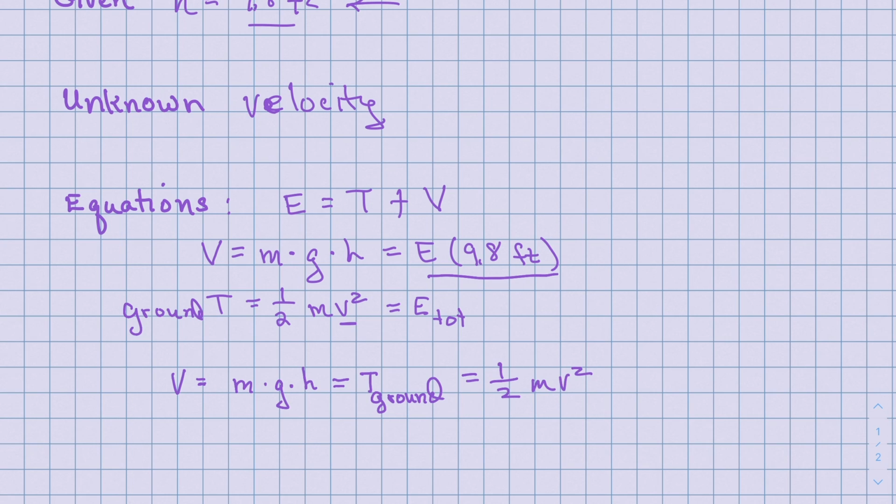Again, I'll point this out, this is the final velocity when it hits the ground. And again, just to reiterate, at the ground level the potential energy is equal to zero, and that means that the ground kinetic energy is equal to the total energy.